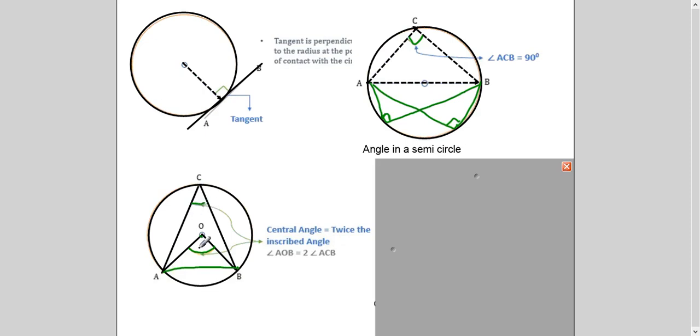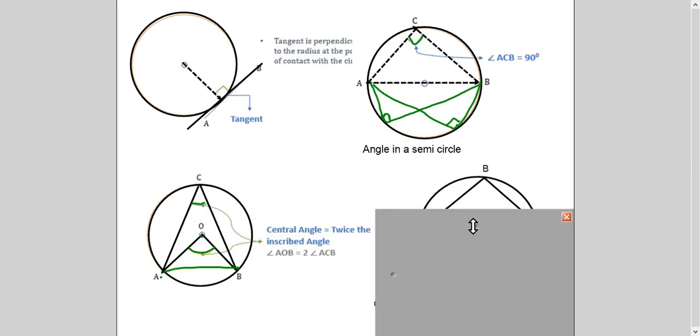The relation between them is half and double. So if it is 40 here, it will be 20 here. If it is 60 here, it will be 30 here. This is written like this, for example, AOB equals 2 times ACB.